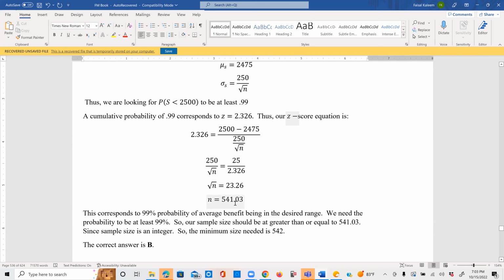Since the sample size has to be an integer, our sample size has to be greater than or equal to 541.03 to have the probability at least 99%. The next integer after 541.03 is 542. Therefore, we need a sample size of at least 542 to meet the required conditions, and that is choice B.